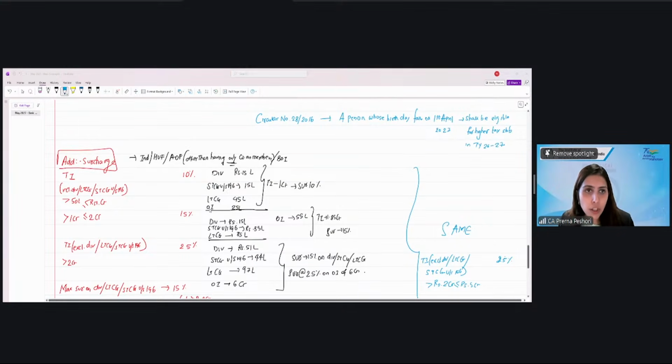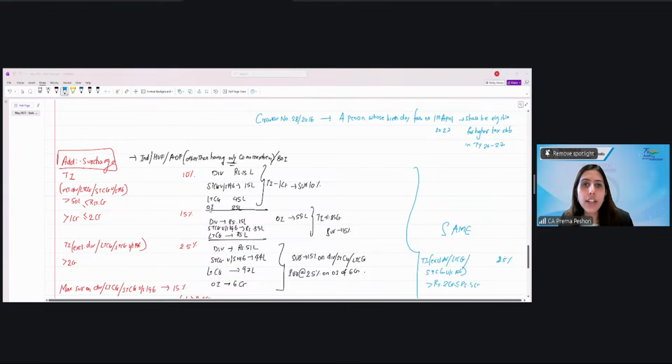What does marginal relief provide? It ensures that since you are having a marginal increase in the total income, and because of that you are liable to pay an additional tax, then we will give you some sort of relief. So what is that relief?